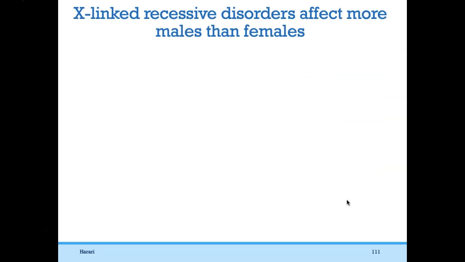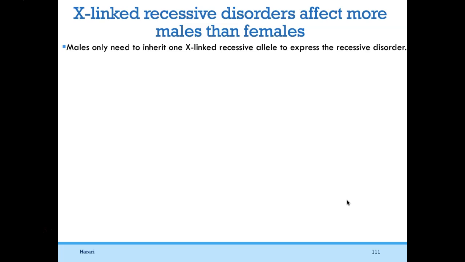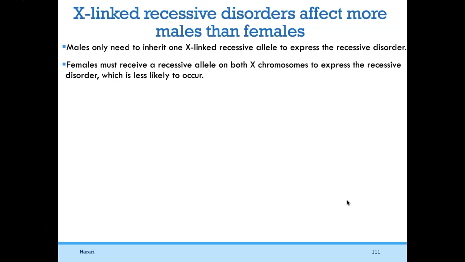So X-linked recessive disorders affect more males than females. Why is that? Males only need to inherit 1 X-linked recessive allele to express the recessive disorder. Remember, males only have 1 X chromosome. If they happen to get a bad X chromosome, they will definitely have the recessive disease.